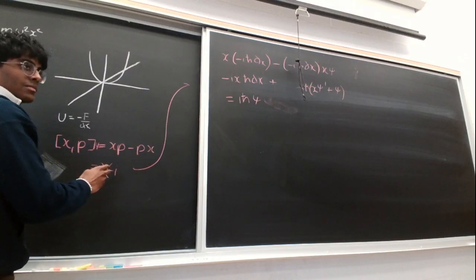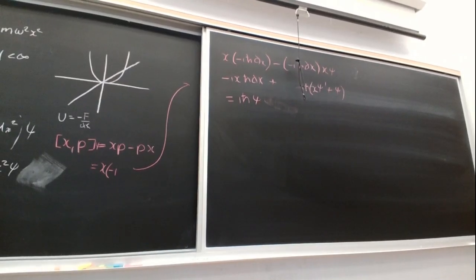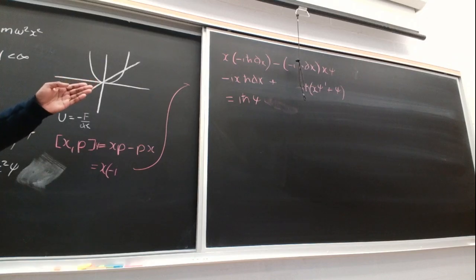Don't add the psi. You have some operator x comma p, and there you computed how it acts on a function. What is this operator? Write down an expression for this operator.